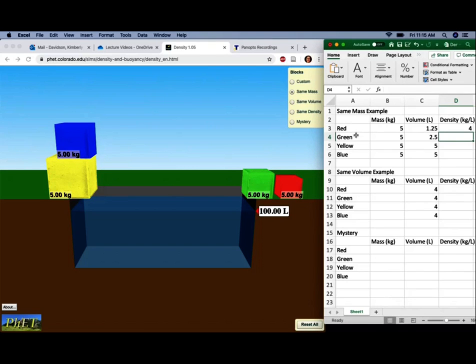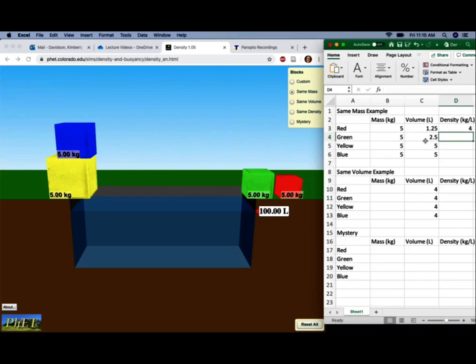Now, what do we expect the next density to be? For the green cube, do we expect the density to be greater than the red cube's density or less than the red cube's density? The volume of the green cube is larger. It's 2.5 liters.